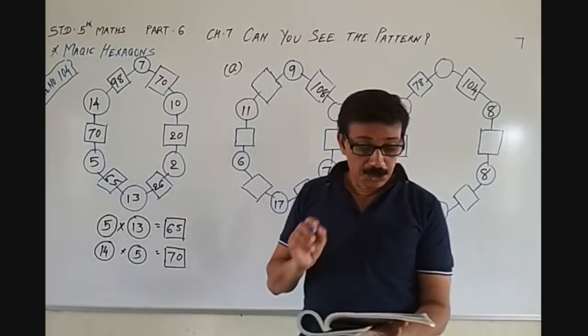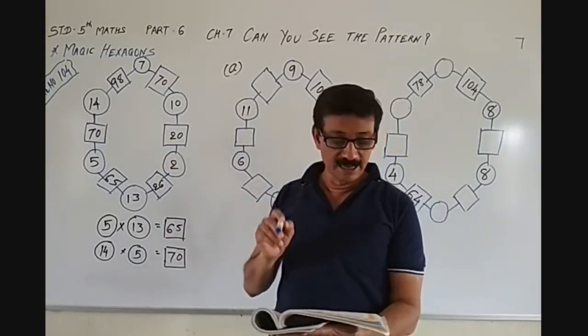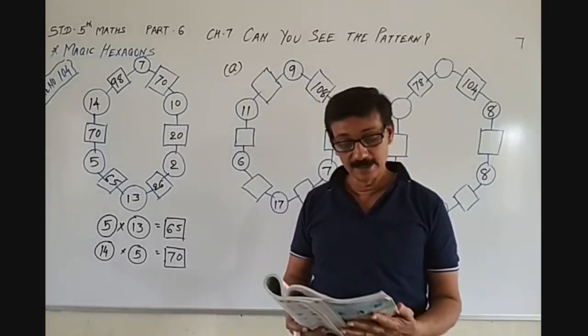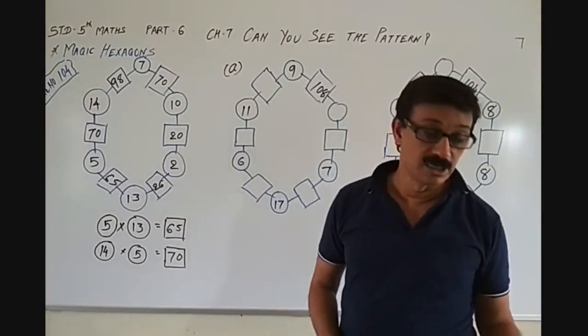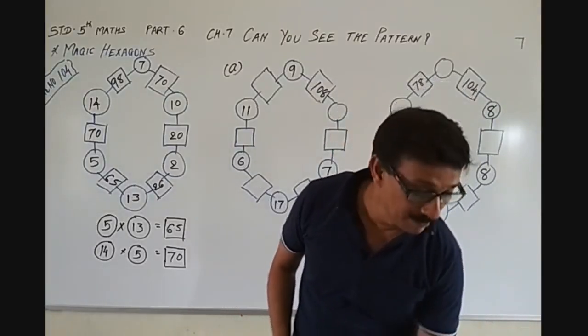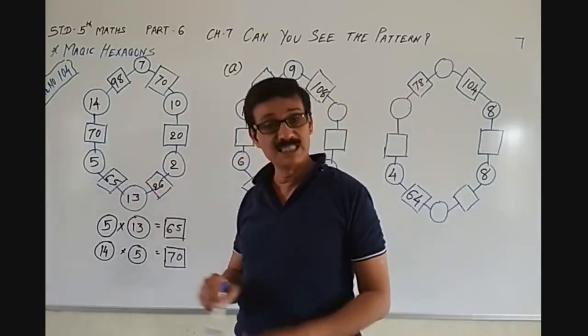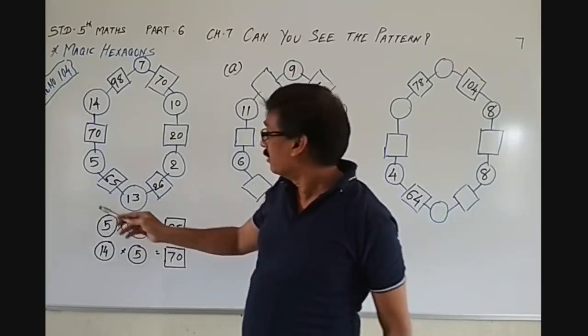Now you get the number in each box by multiplying the numbers in the circles next to it. Suppose 65 is there, then how will we get 65?